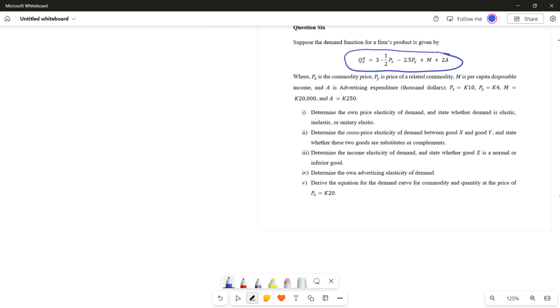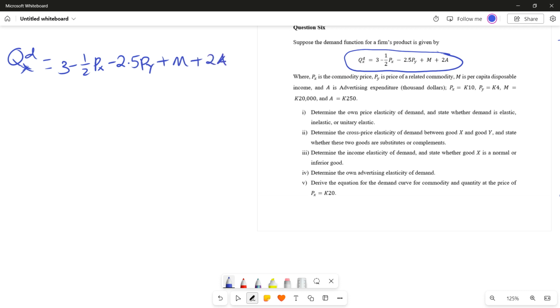The quantity demanded for good X is equal to 3 minus 1/2 price of good X, minus 2.5 price of good Y, plus M, and then plus 2A.